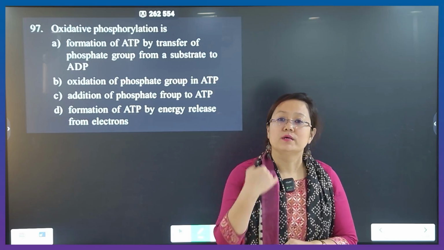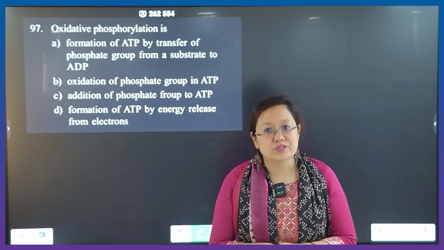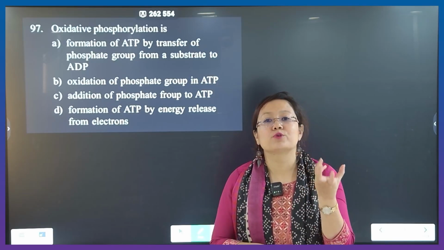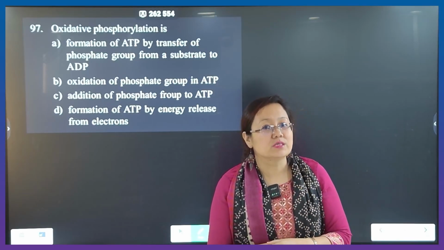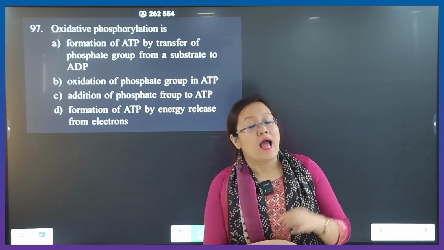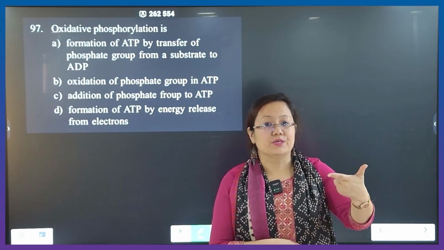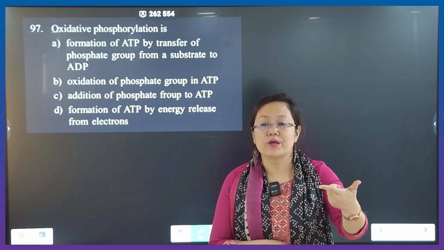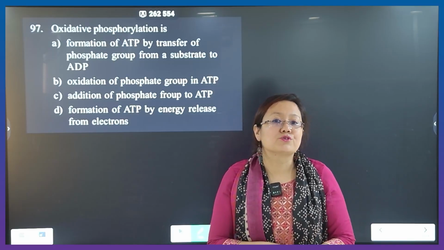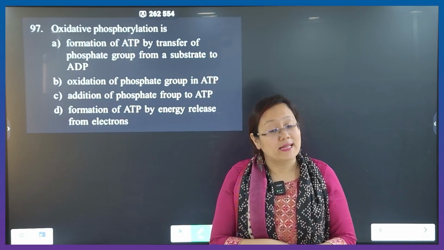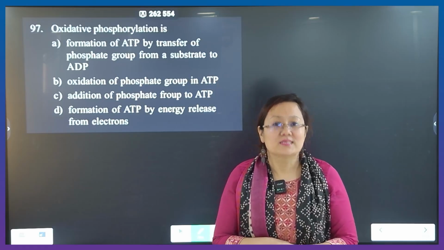Because of this oxidation, it creates a proton gradient in the outer chamber of mitochondria. And when that proton gradient breaks down by passing through F0, F1, at that time ATP is synthesized.